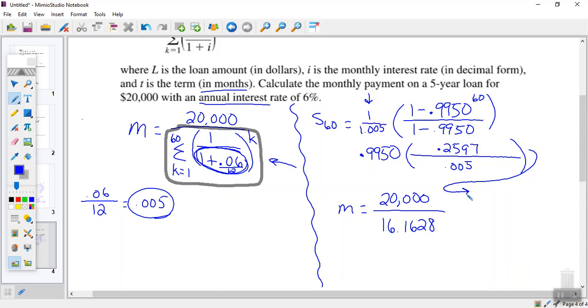So you're going 0.2597 divided by 0.005. 51.6803.